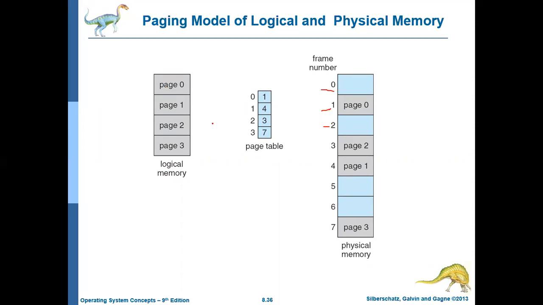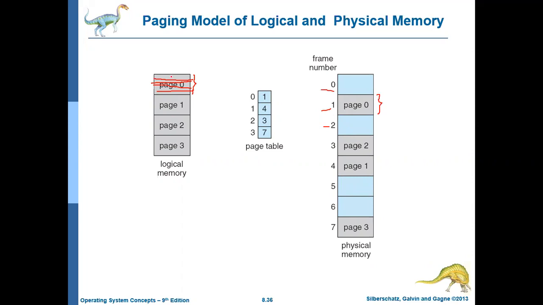Further, in detail, this page number 0 will again be divided into some offset values, but we are not talking about those offset values. Why? Because these will be the same here and here too.